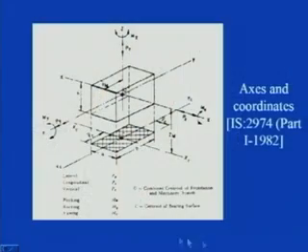This is what has been obtained from IS 2974 1982, which deals with the various aspects related to machine foundation. You can see the 3-dimensional plot, that is a block, and this direction is your x direction, that is in the horizontal plane. Perpendicular to this is the y direction, and then the vertical direction is the z direction.